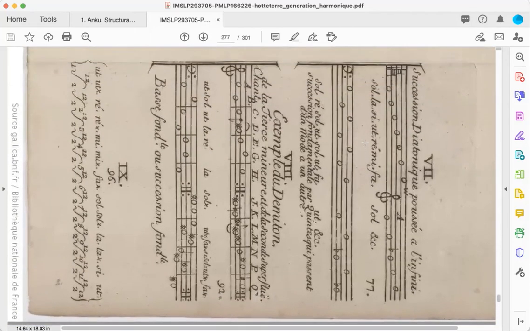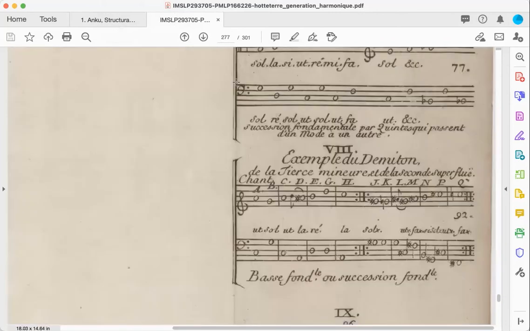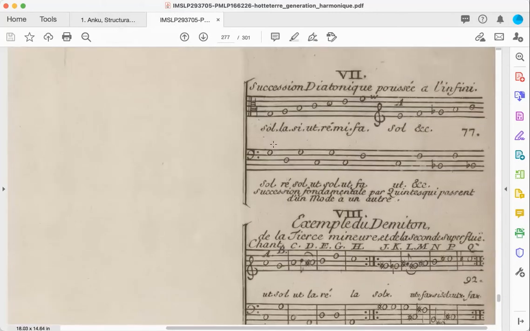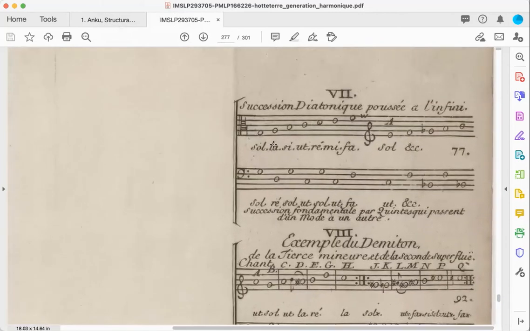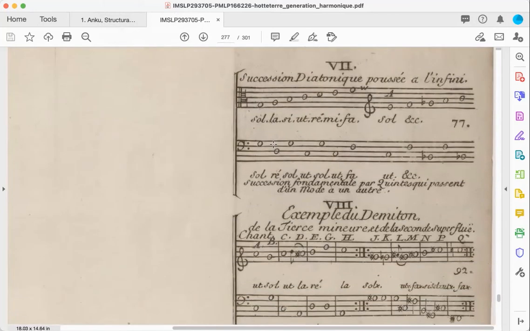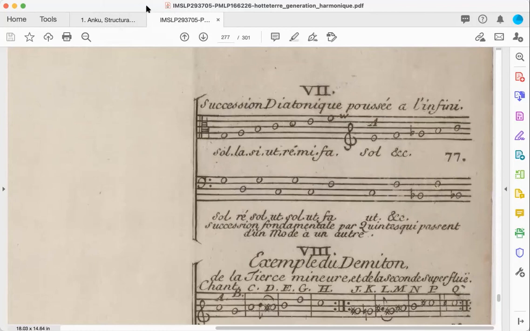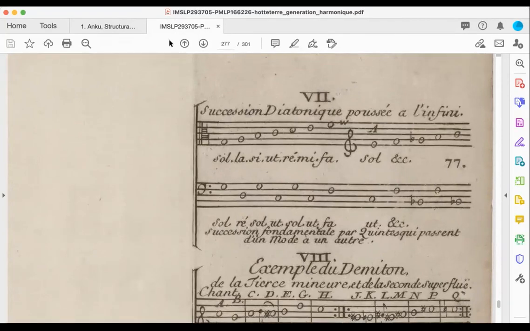He talks about the minor mode as well, but in the interest of time, I think we will table that discussion for now. Okay, so we have now established the diatonic genus of music as being a fundamental succession in the bass of motion by fifths.